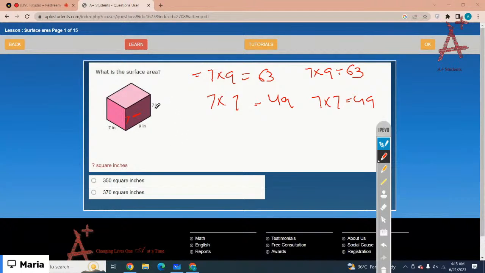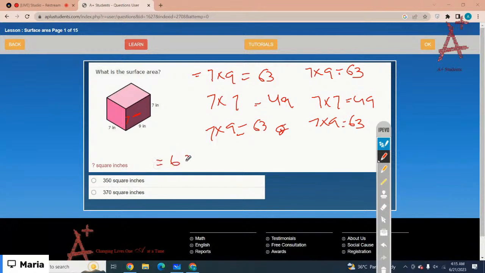Just look at the top and bottom. Top 9 and 7. You have to do 7 times 9 equals 63. Got it? Because each side is in pair form, that's why I calculated the area of each face twice.